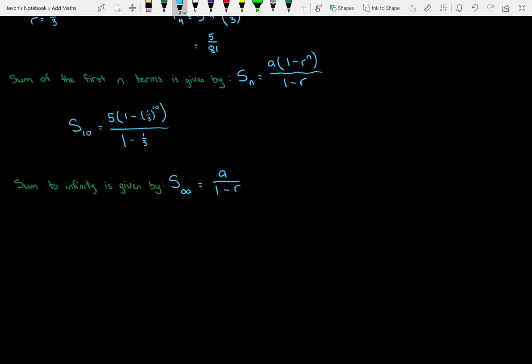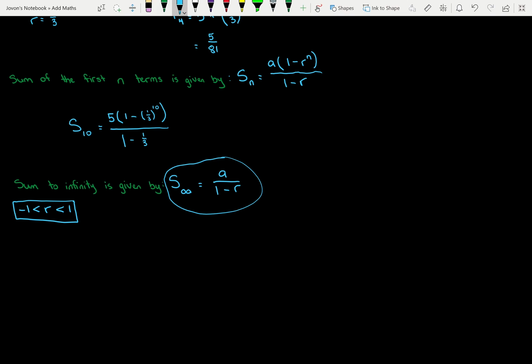Now this sum to infinity has a condition, and the only way you can find the sum to infinity is if r is between 1 and minus 1. If this condition is not met, you cannot find the sum to infinity, and you cannot use this equation. So you need to make sure that r is between minus 1 and 1.